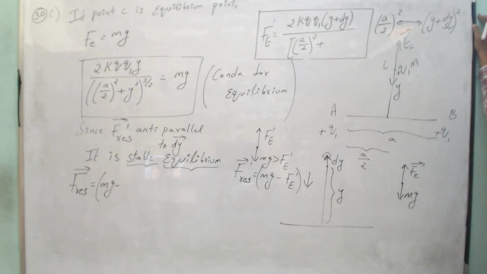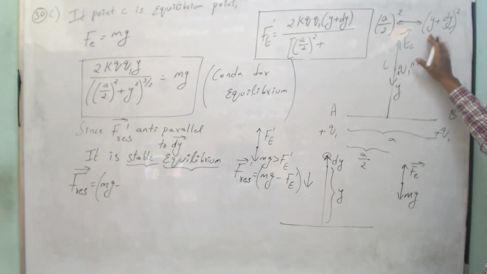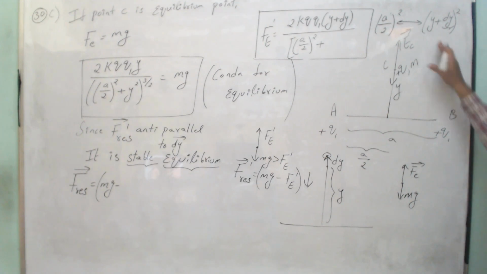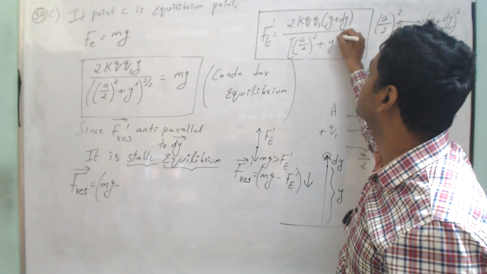Correct? So basically, in front of a by 2 whole square, if I write y square or if I write y plus dy whole square, it will more or less look the same. Is this clear? Yes, sir. So I am going to write this as y square only.